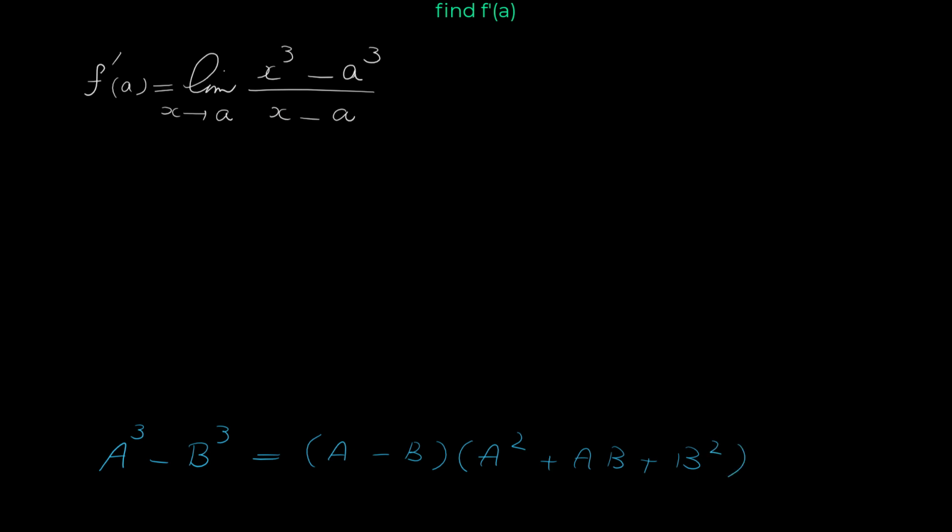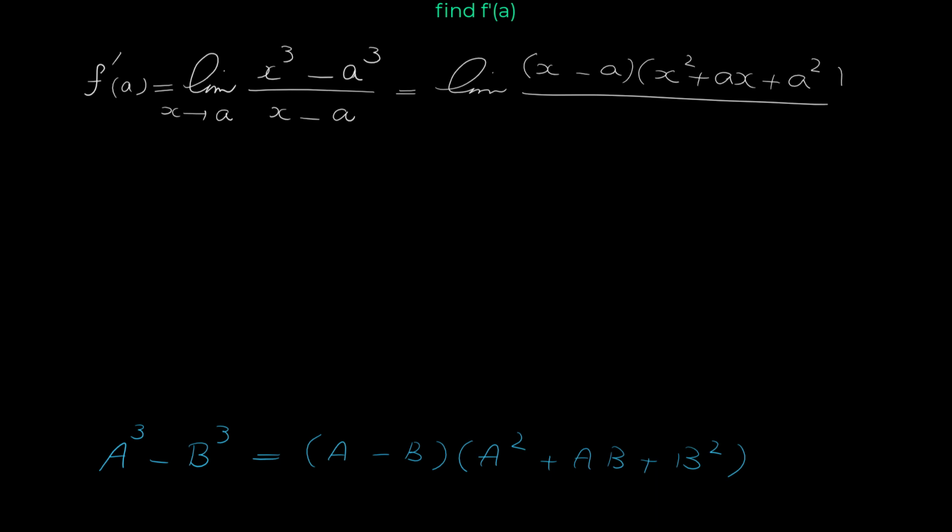Based on this identity, we can factor the numerator of this limit like this. It would be x minus a times x to the 2 plus ax plus a to the 2. And in the denominator we have x minus a as x approaches a.